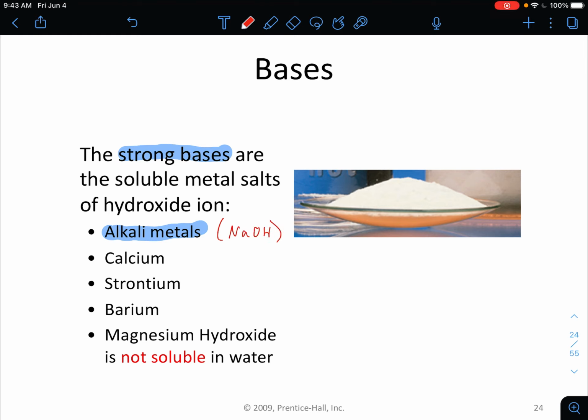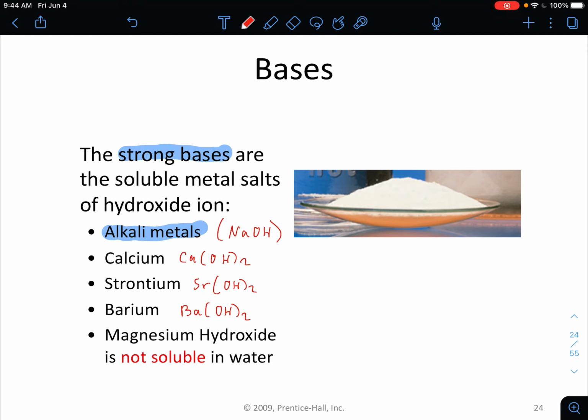Then the next three are the alkaline earth metals. So calcium with a +2 charge would make Ca(OH)2. Same with strontium, same with barium. So these would all qualify as strong bases.